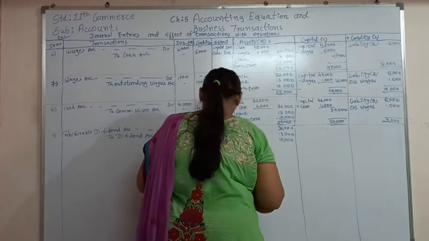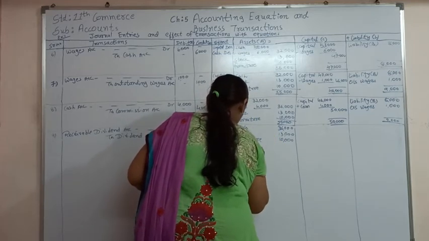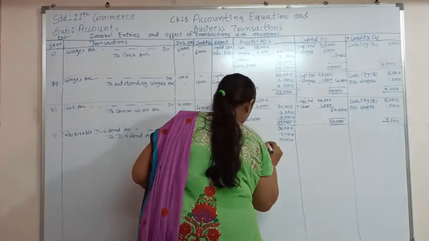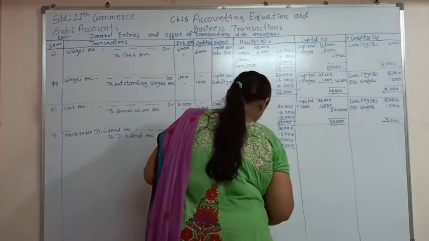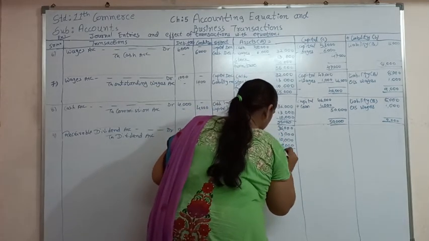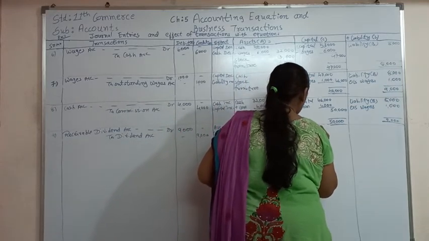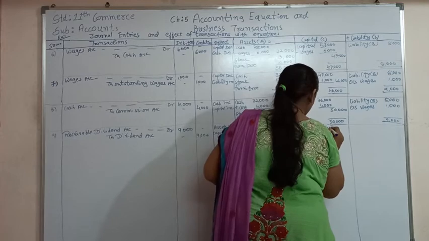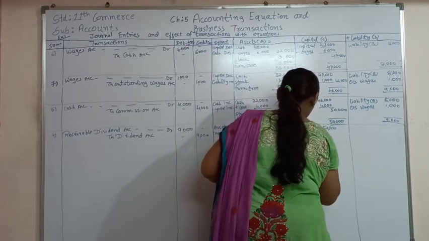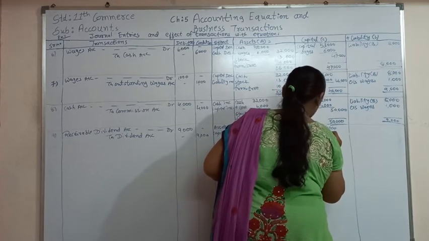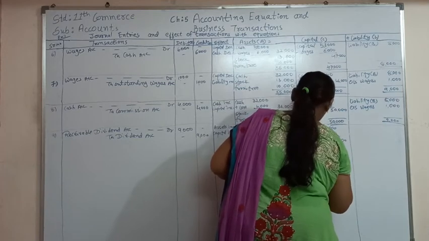And here dividend receivable 9,000. So total of this will be 68,000. And here capital is of rupees 50,000 plus dividend receivable, and it is 9,000. So total will be 59,000.